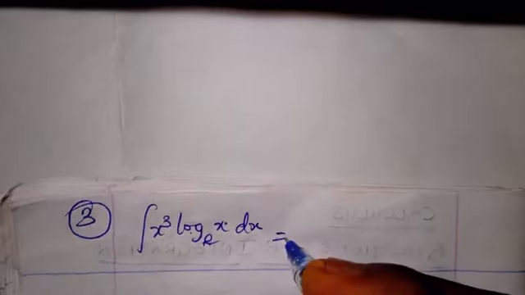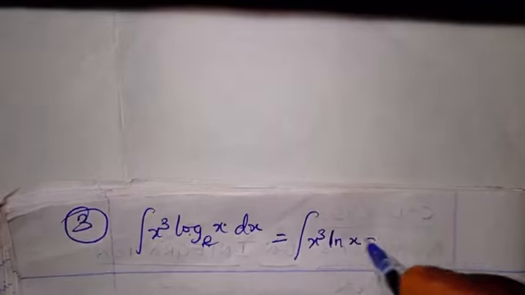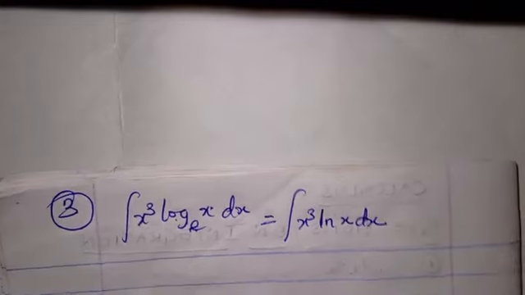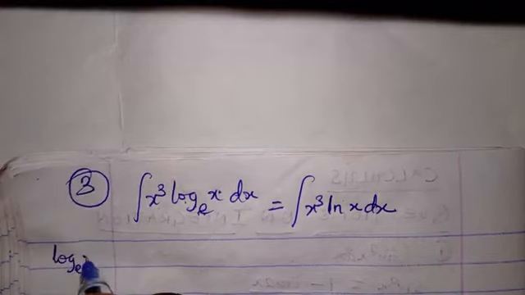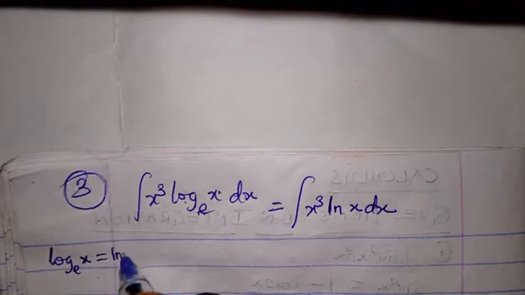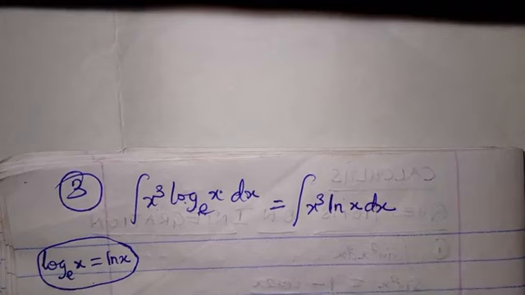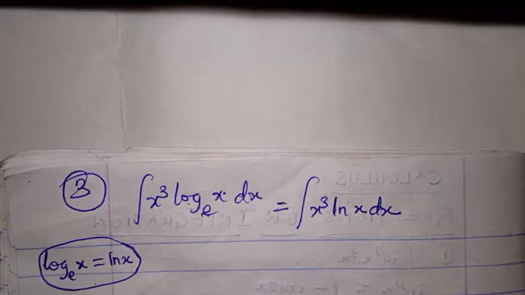So we can write this integral as the integral of s cube ln x dx. They are the same. Remember I said log to base e means ln x. Take note of this. So we can evaluate this integral using integration by parts.